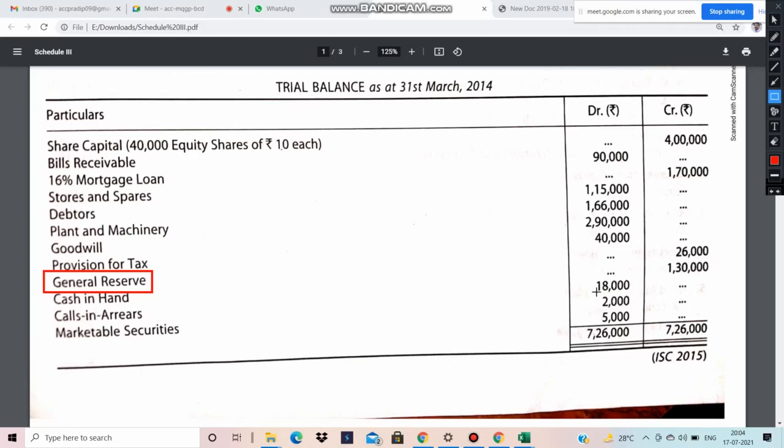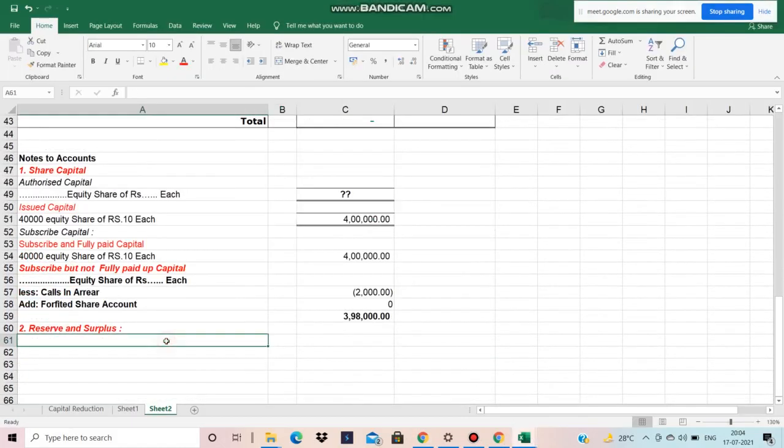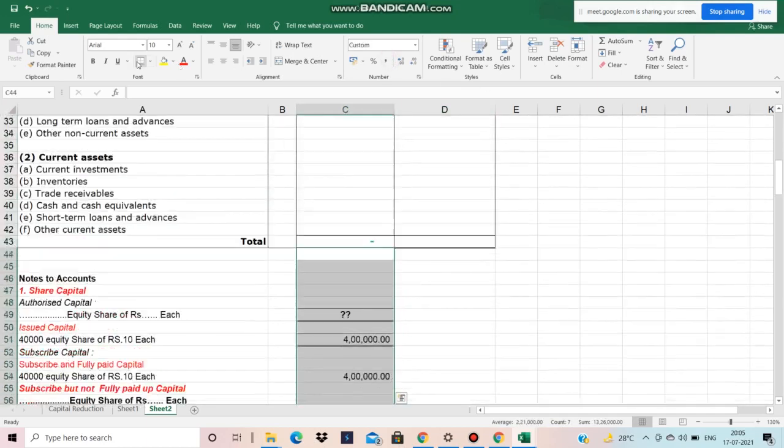So only one item, the general reserve, that is 1,30,000.